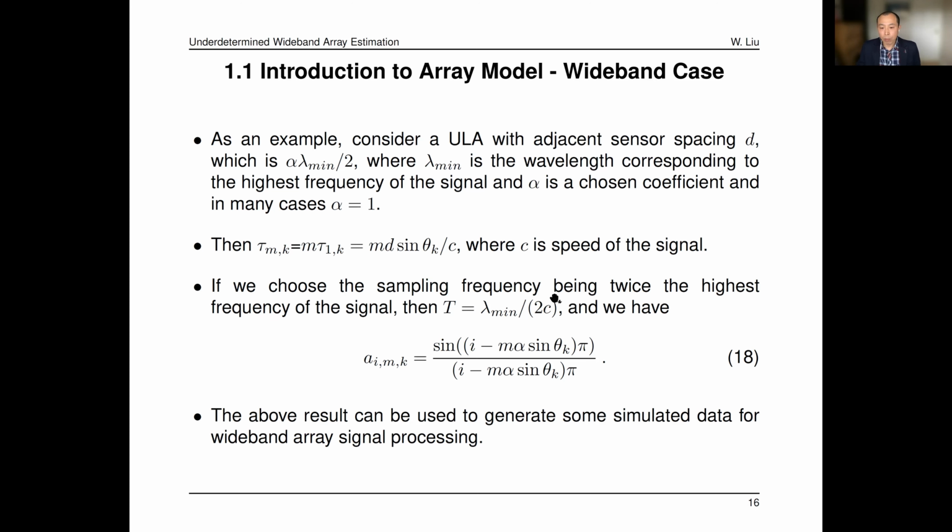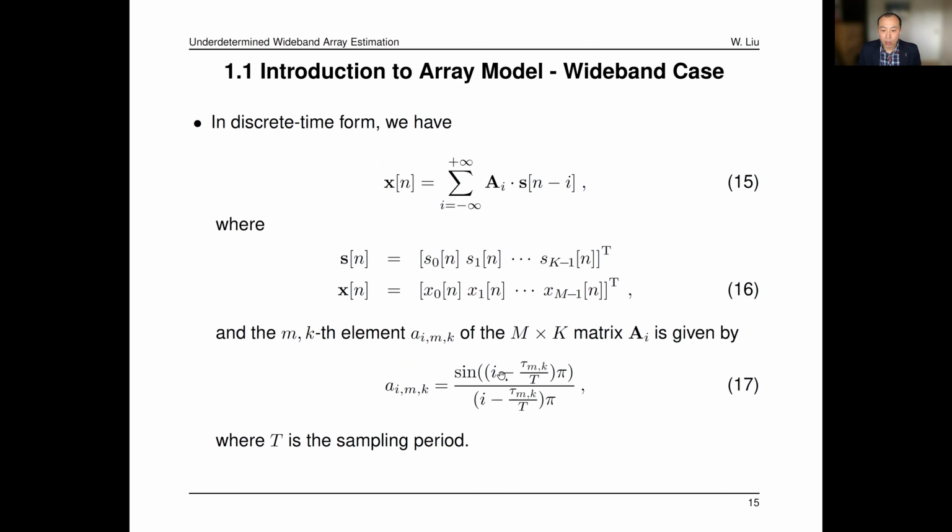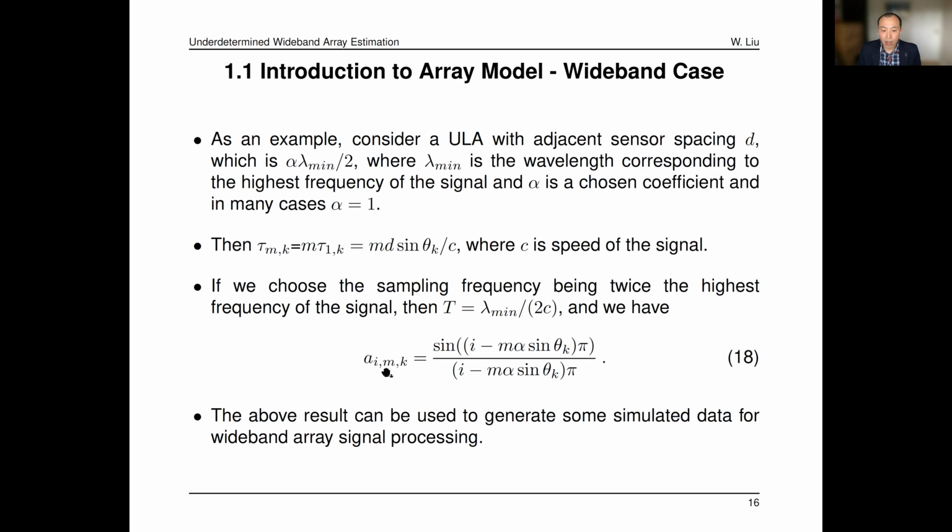If we choose a sampling frequency of twice the highest frequency of the signal, then the sampling period T will be equal to lambda_min over 2c. Then you substitute all this into here, and A_i(m,k) will be equal to this. This result can be used to generate simulation data for wideband array signal processing.